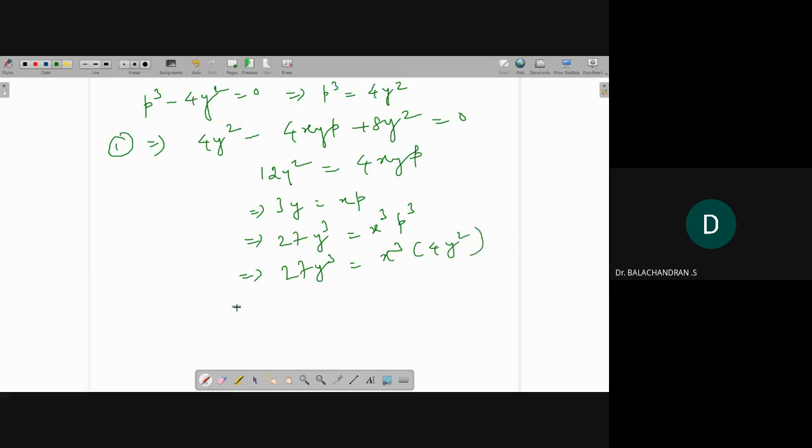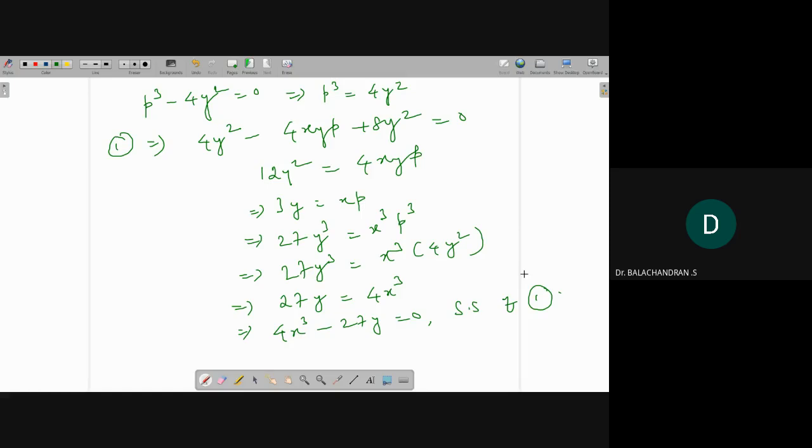Since y is not equal to 0, you can divide throughout by y square. 27y is equal to 4x cube. So this is a singular solution, or 4x cube minus 27y equal to 0. This is the singular solution of the given problem.